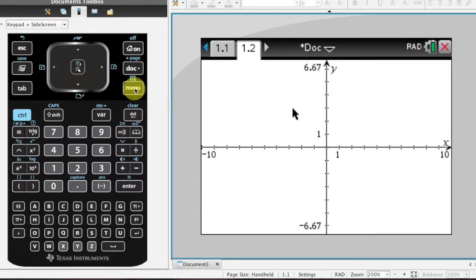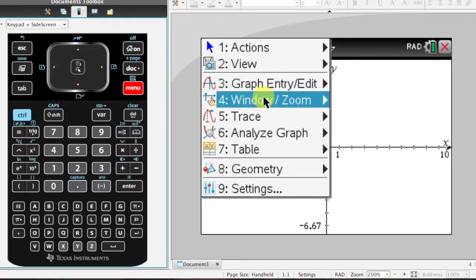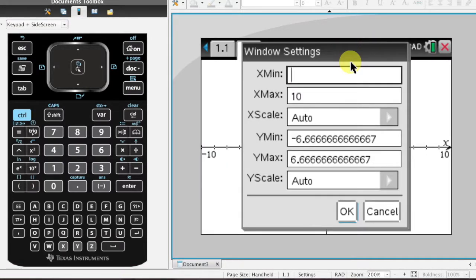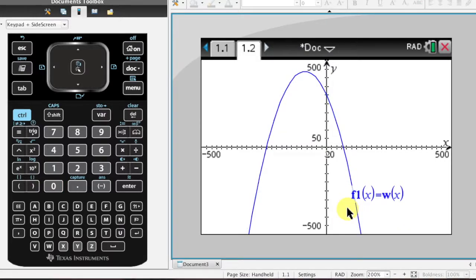So if I go menu, window zoom, window settings, I'm going to go negative 500, 500, negative 500, and 500. And go OK. And now I've got a really strong sense of what the graph looks like. So you can see my lighthouse, the points that I had were there.